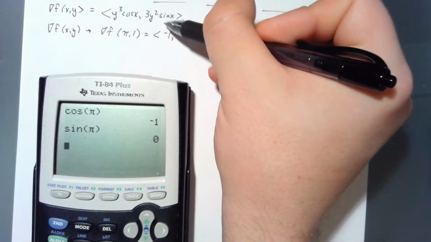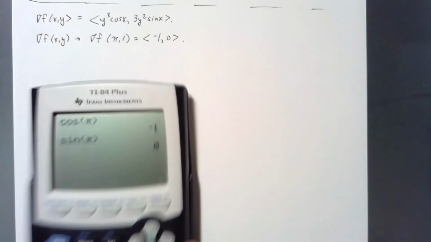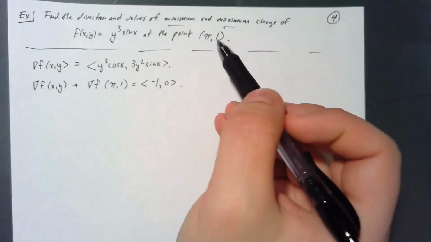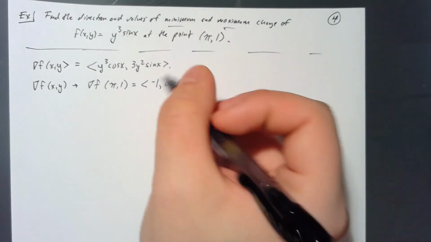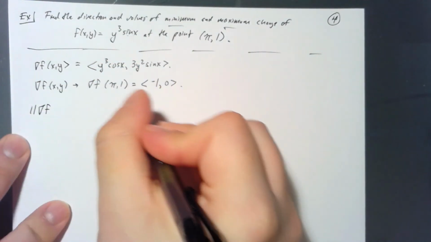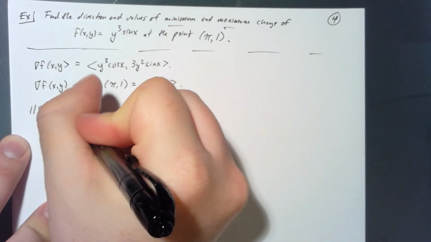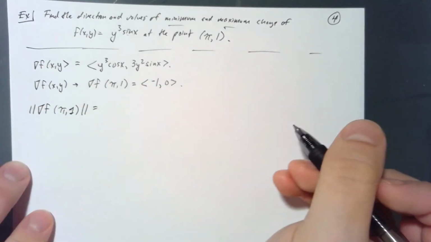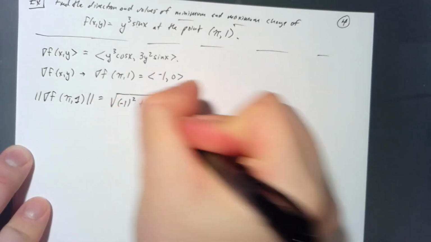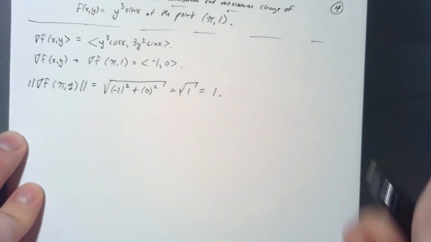So I have 0 times, it doesn't really matter, it's going to be 0. Okay. So now I want to find the maximum and minimum value, right? So what do I do now? Now I take the magnitude of this at that point. That's just the square root of (-1) squared plus 0 squared, which is the square root of 1, which is 1.